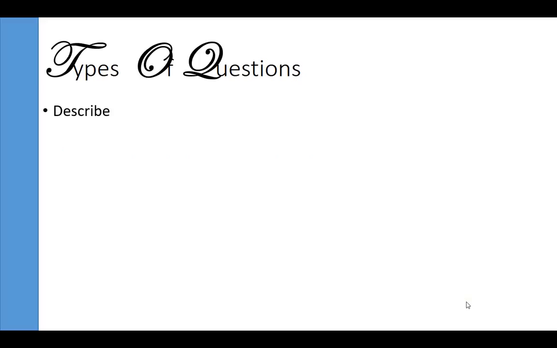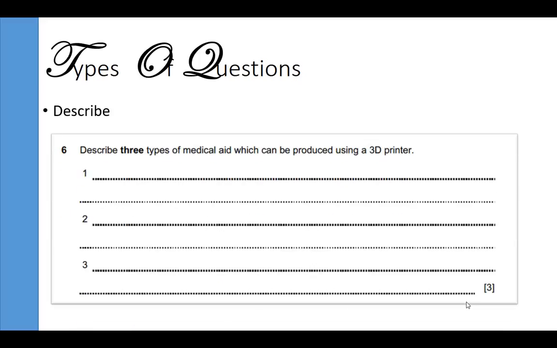You also find that the most common type of question I've seen in the IGCSE ICT paper has to do with describe. A describe question could be like: describe 3 types of medical aid which can be produced using a 3D printer. About 50% of the questions that you're going to see have something to do with describe, and I'll explain what describe really entails so that you can give accurate and typical answers.